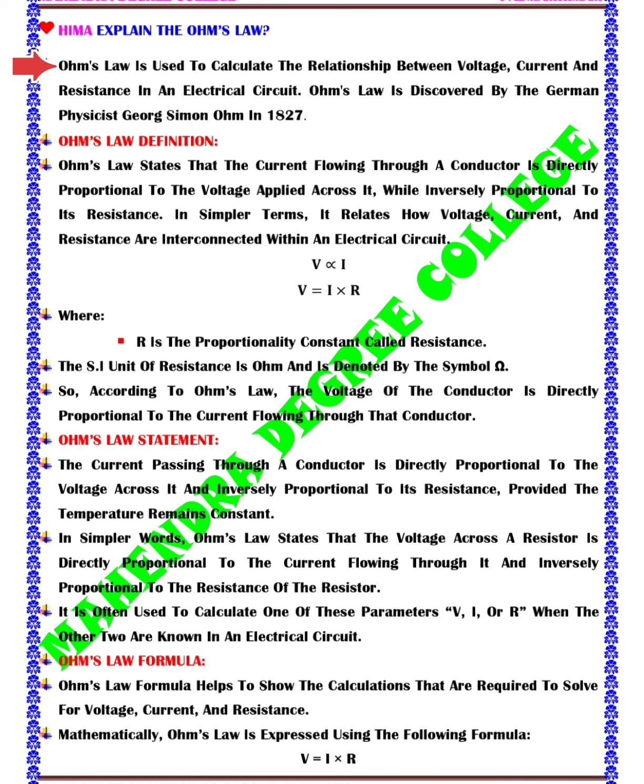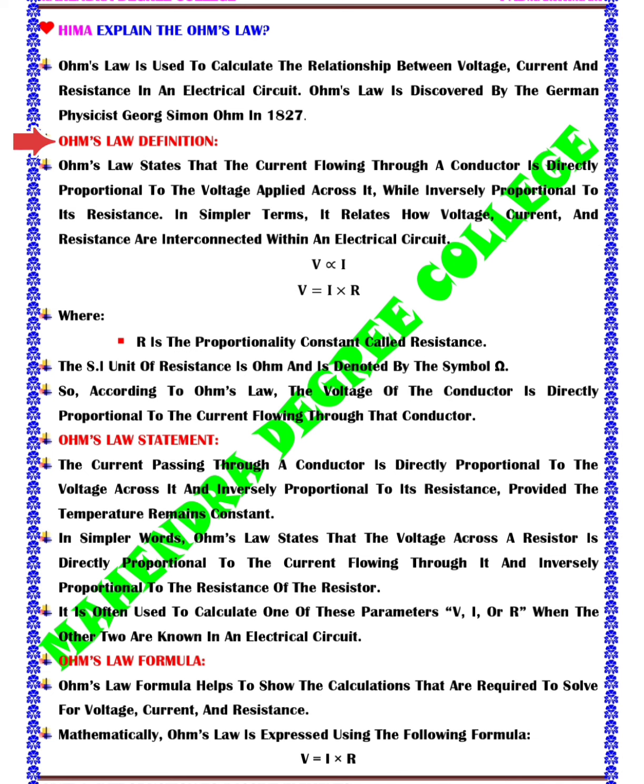Next, we know the definition of resistance R. Resistance is the opposition to the flow of electric current, measured in ohms. Ohm's law provides a fundamental framework for understanding and analyzing electrical circuits. It's a cornerstone of electrical engineering and physics.